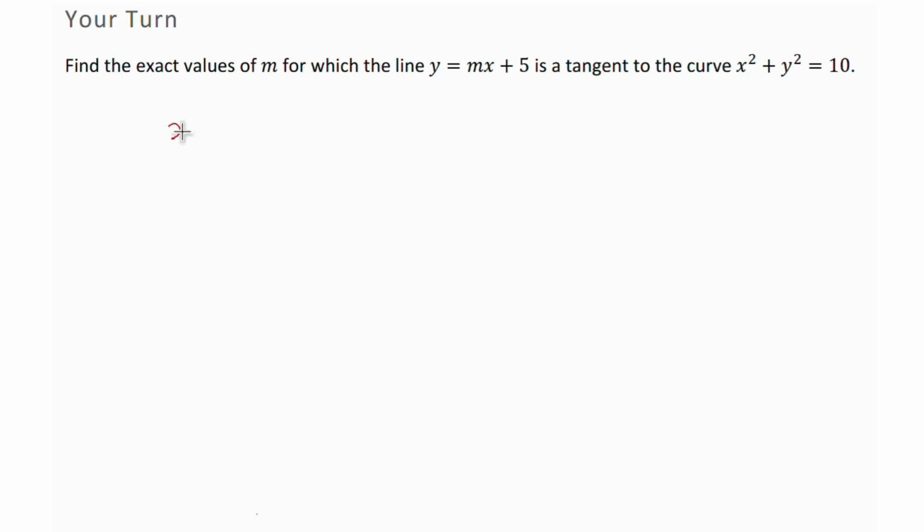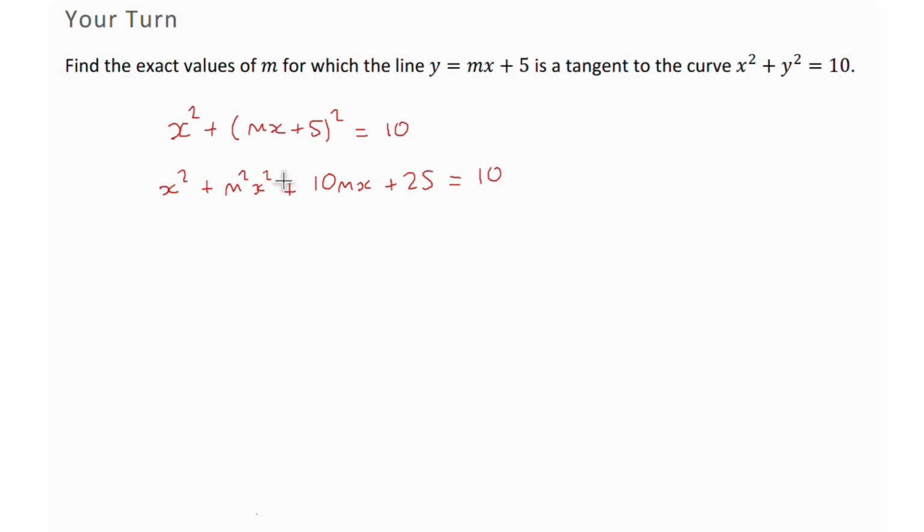So we're going to get x squared plus (mx plus 5) squared equals 10. Expanding this, x squared plus m squared x squared plus 5mx plus another 5mx, which is plus 10mx, plus 25 is equal to 10.